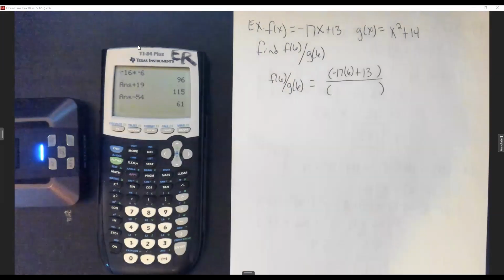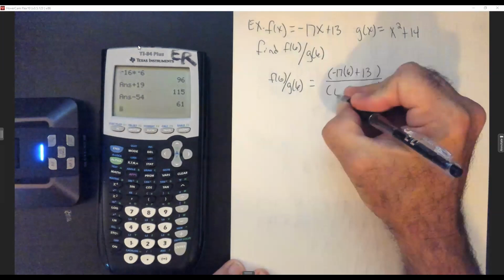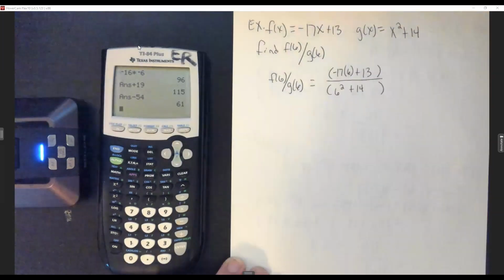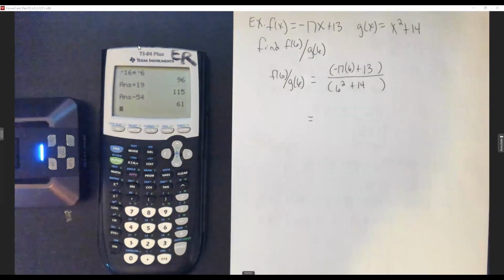On the bottom will be a 6 squared plus 14. Now, if you do this one on the calculator, I would definitely put all these parentheses around the top and the bottom, or it won't give you the right answer on that, okay?